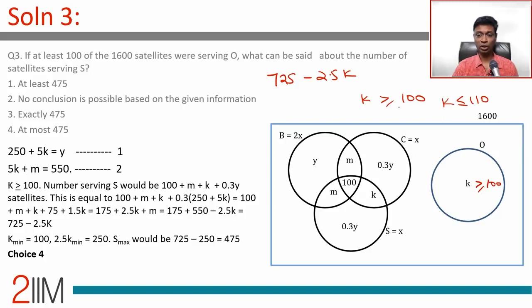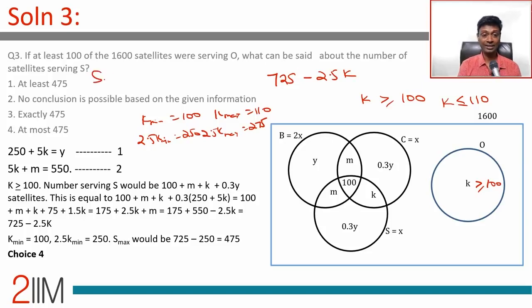So k minimum is 100, k maximum is 110. 2.5k min is 250, 2.5k max is 275. If we put k as a minimum, then S will be maximum, or S maximum is 475. S minimum is 450. Wonderful.